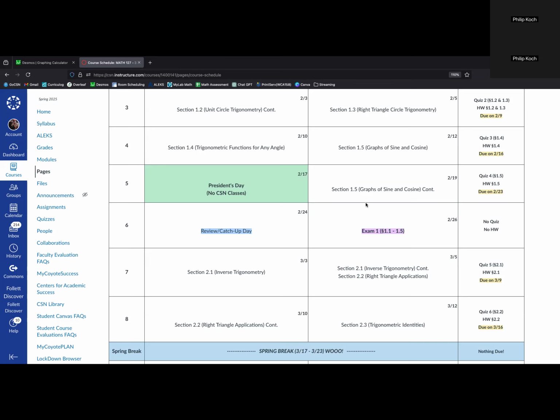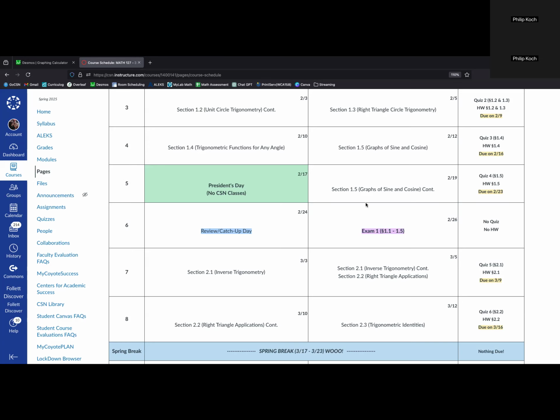So my usual go-to is try the review, check your answers. If you got it right, kudos, move on. If you got it wrong, try it again. Maybe study back up and try again. And if you still get it wrong, then look at the solution guide and see where the mistakes were. Then try it again fresh and recreate it yourself. That's the best way to learn from a mistake, quote unquote, is to see how it's properly done and then do it in your own words. That's going to make you a much stronger mathematician.